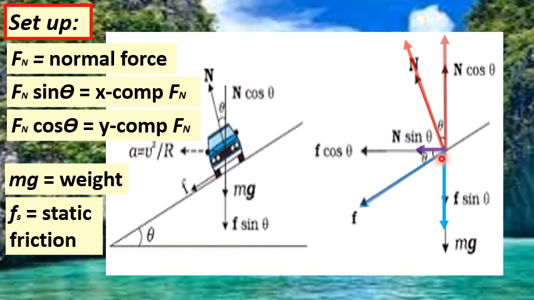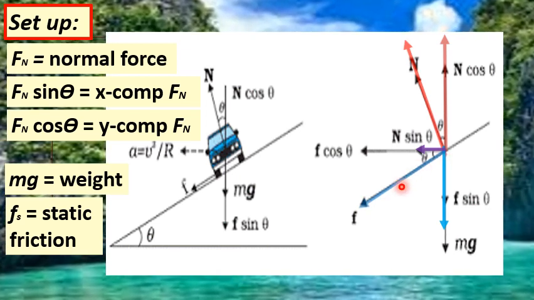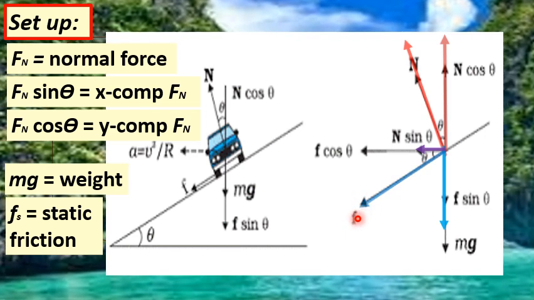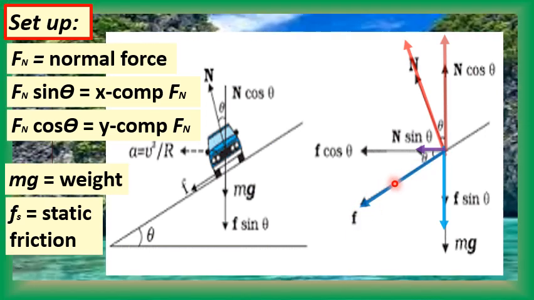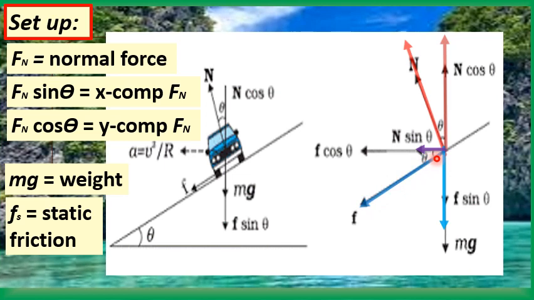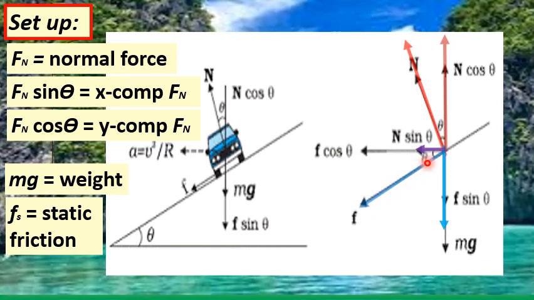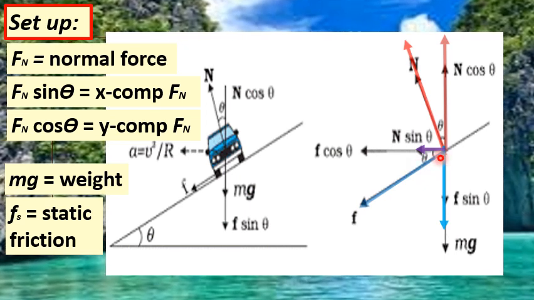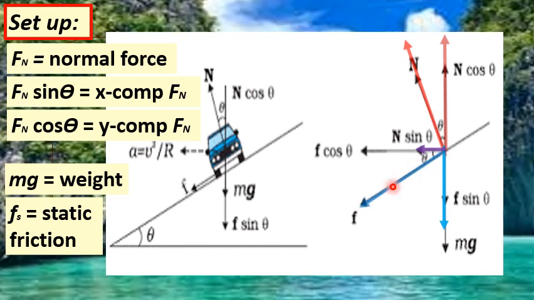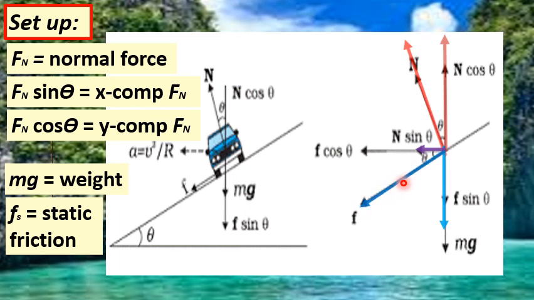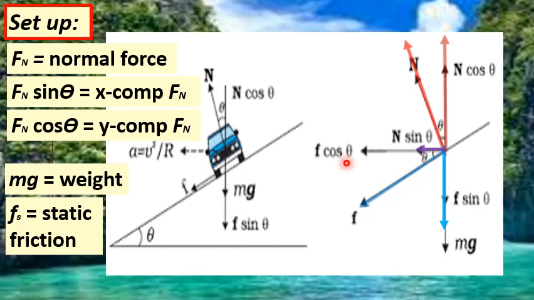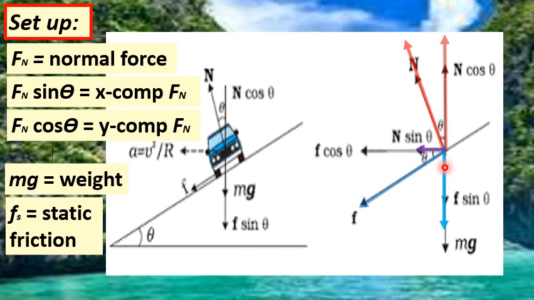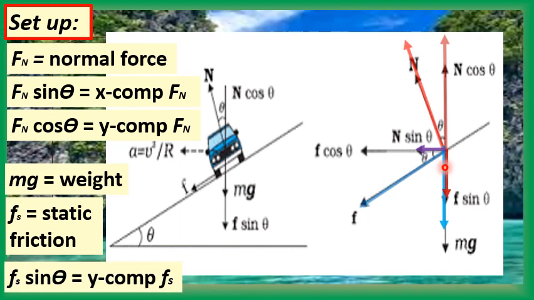And the other important force given is the static friction, denoted here by F sub s. And this static friction is what prevents the car from skidding. Based on our drawing, this static friction also has its x and y components.